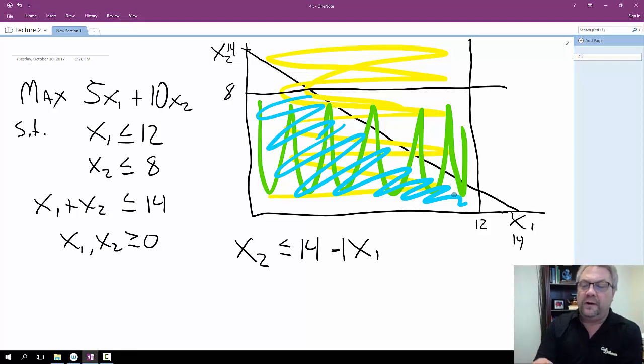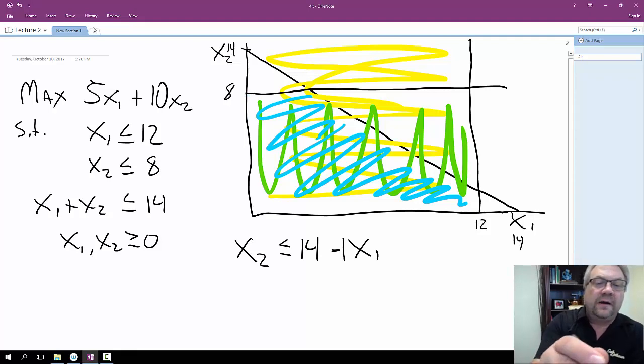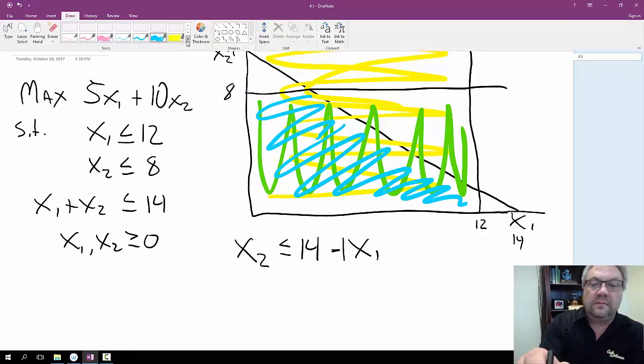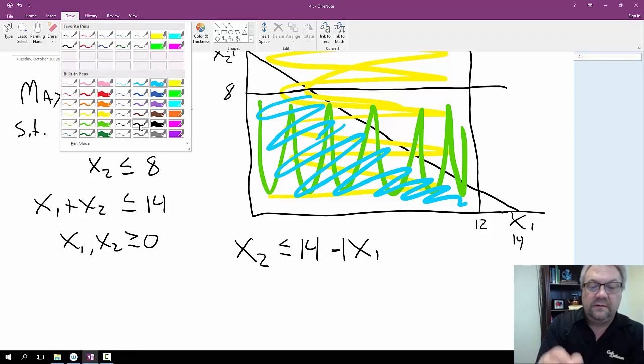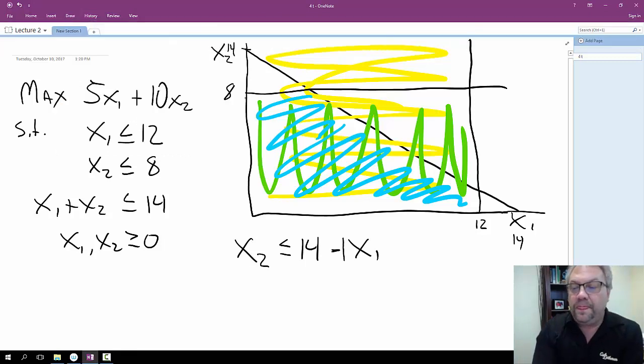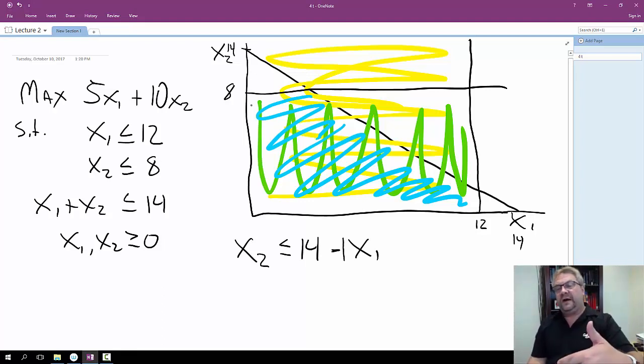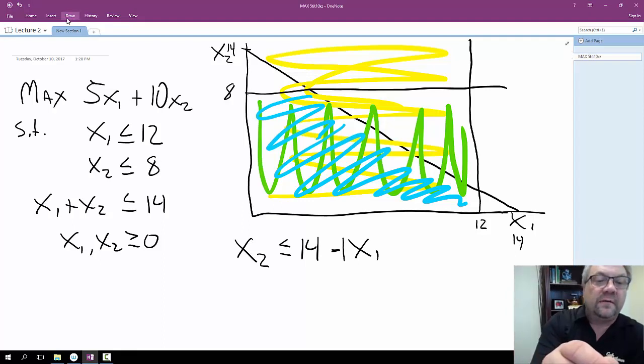What I'm trying to point out is that the area that satisfies all of my constraints is this area.